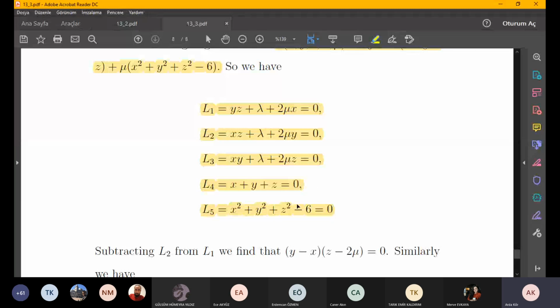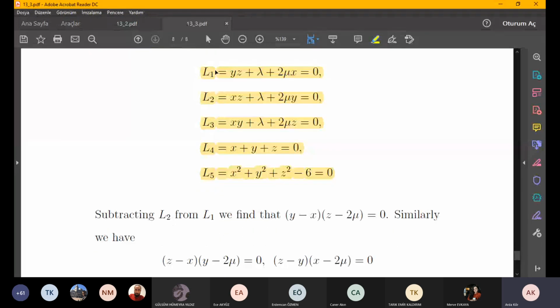Here, the last two equations, L4 and L5, denote the constraint functions, g(x,y,z) and h(x,y,z), respectively. So we need to solve all these equations to find the critical points.